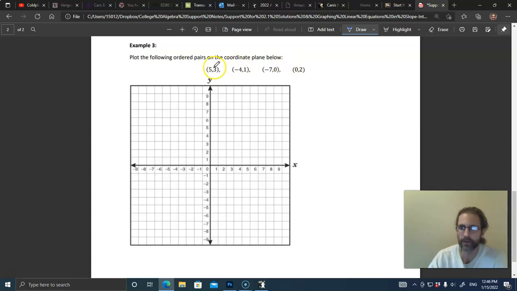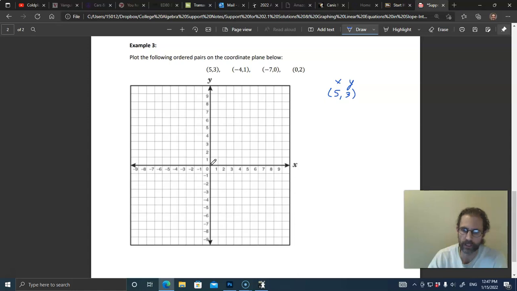So remember, these are called ordered pairs for a reason. This first one, 5, 3, means that x is 5 and y is 3. The way you do these is you start right here in the middle. This, by the way, is called the origin. This is where x is 0 and y is also 0.